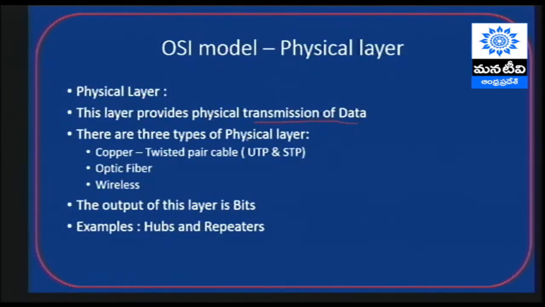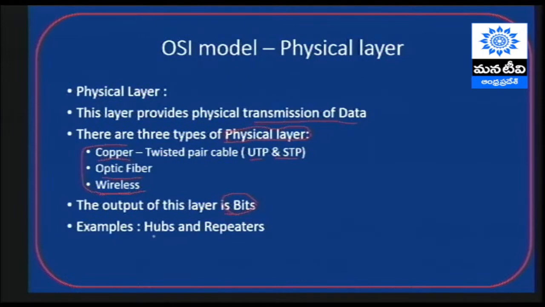We have three different types of physical interfaces on devices like PCs, computers, servers, and printers: copper wire connectivity in the form of UTP or STP cable, fiber optic cable, and wireless. These are the three different physical media available for connecting network devices. The output of this layer is called bits.